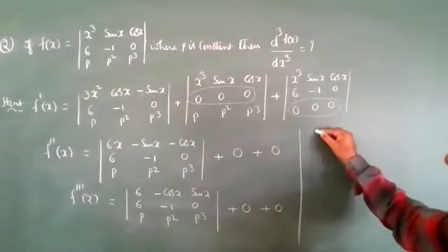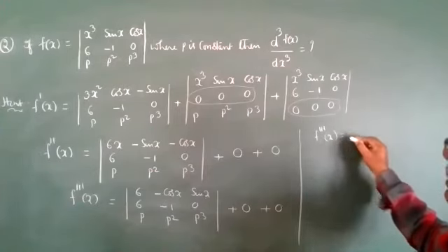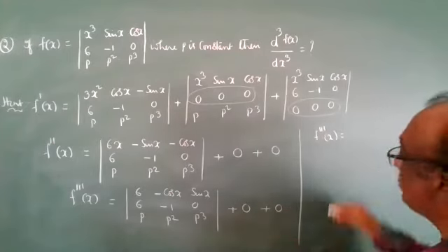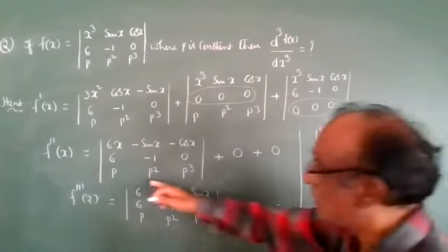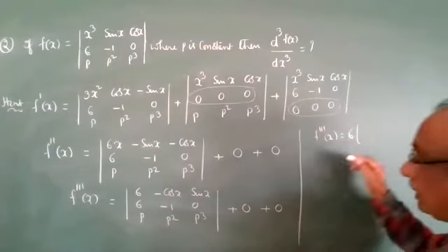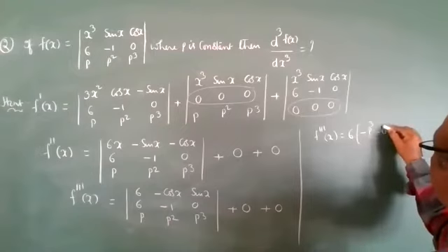Expand the first row, so f triple dash of x. Using the first row: 6 into 6, with its row and column deleted, minus p cube, minus 0.